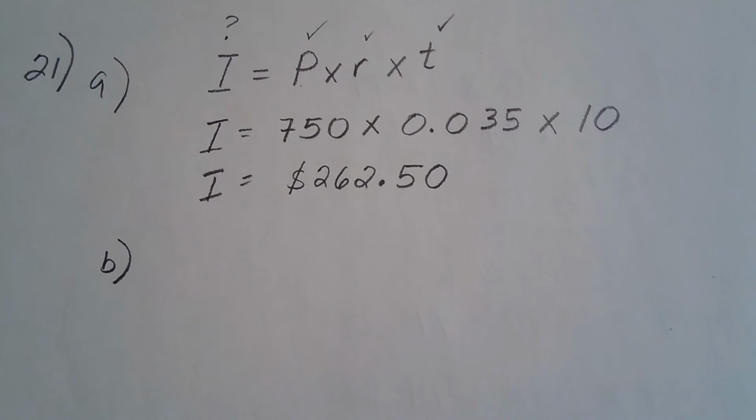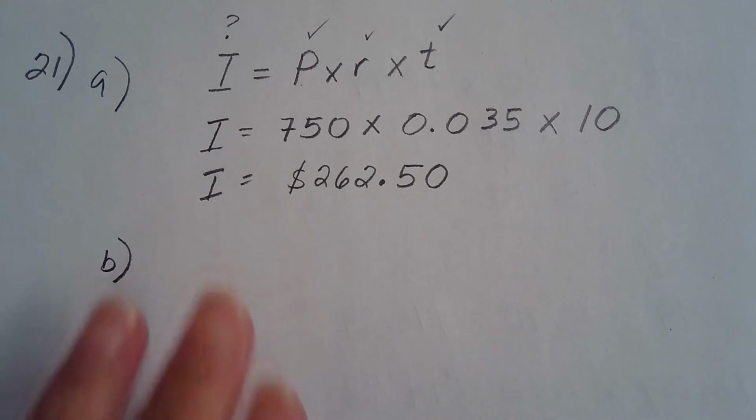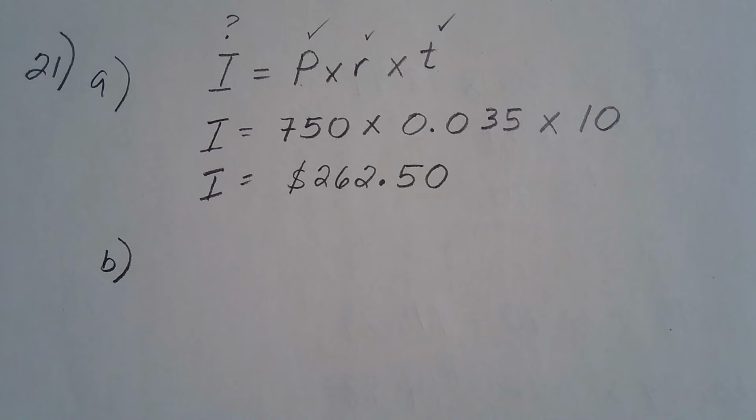And then the B part: what is the total value of the investment after 10 years? So initially we put the $750 as the investment because we left it there to grow for 10 years. So how much is the investment after 10 years?